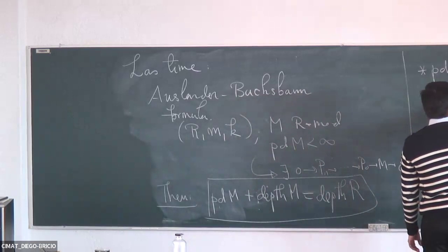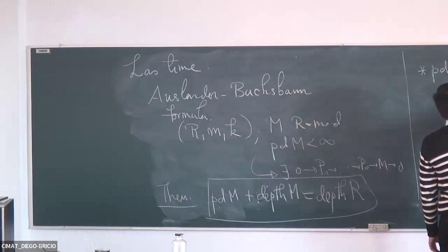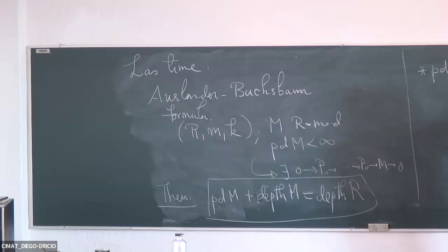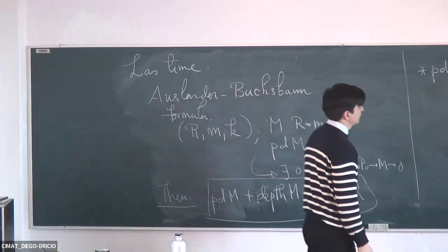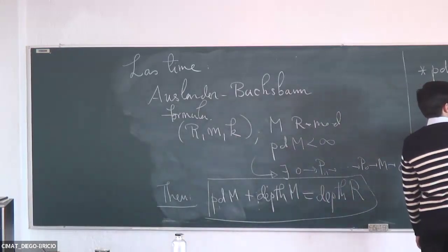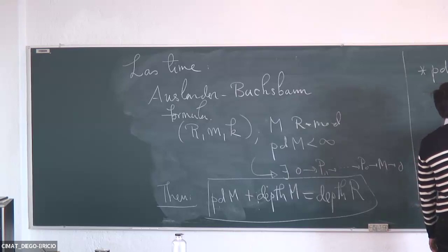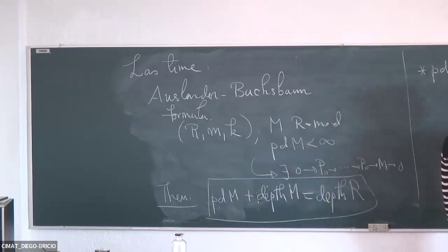And so this is also given by the maximum i such that Tor_i of k comma N is non-zero, right? We also gave a name to this Tor. The i-th Betti number of N is the dimension as a k-vector space of this Tor module.